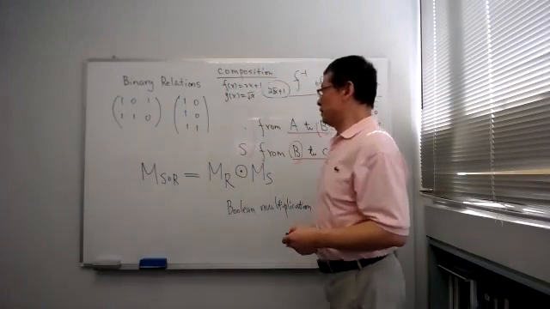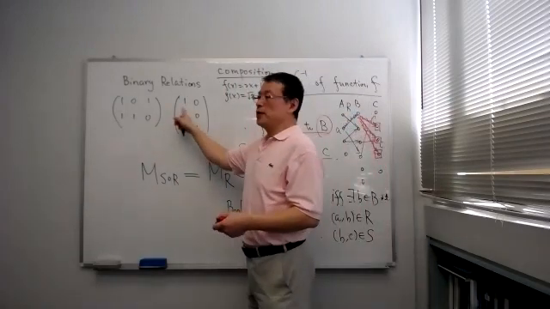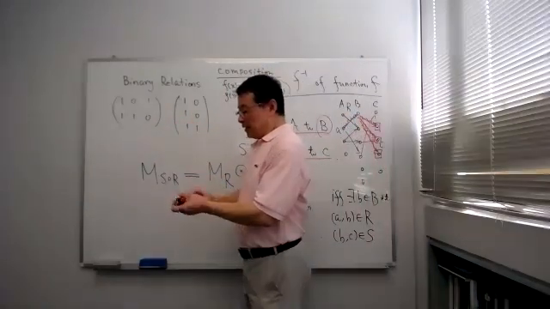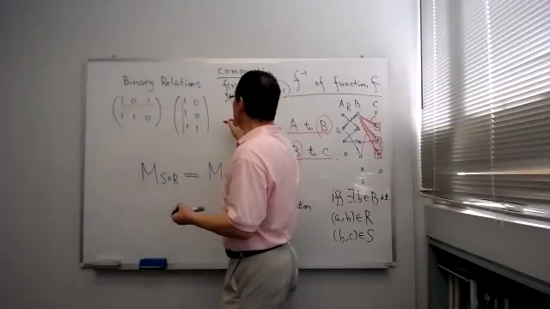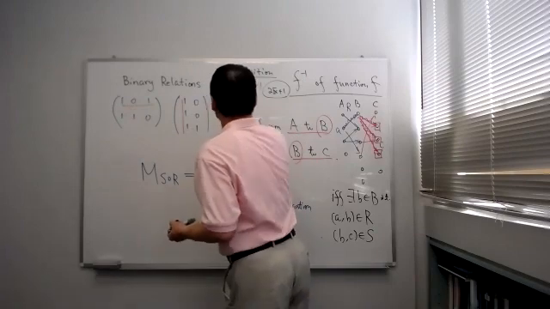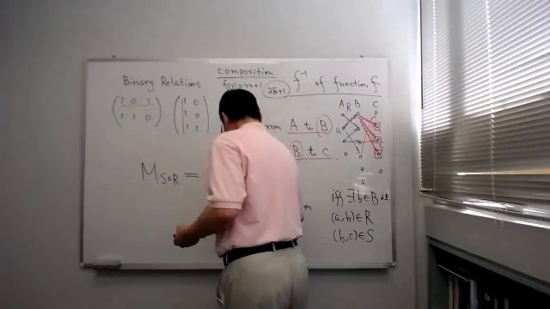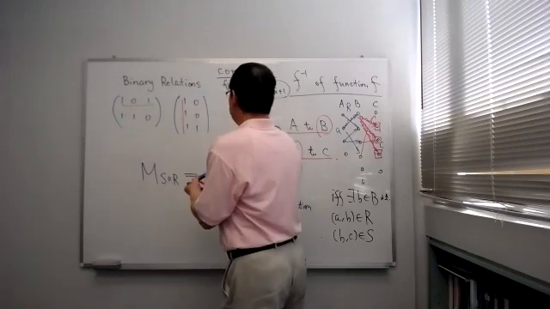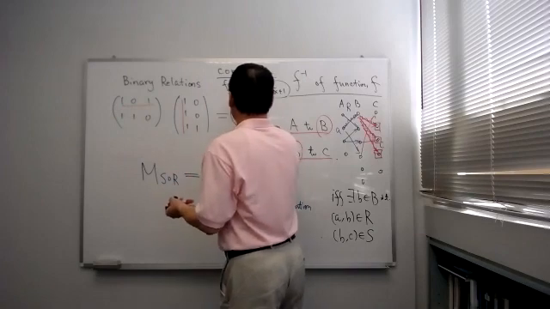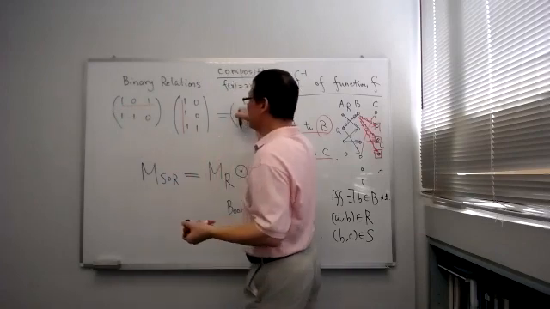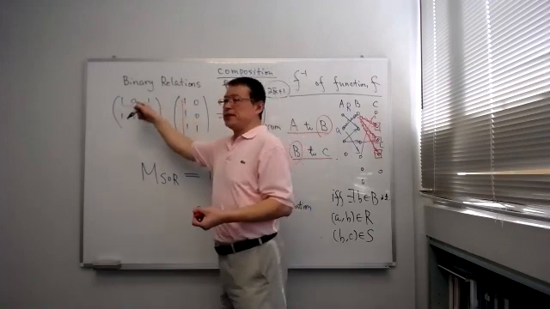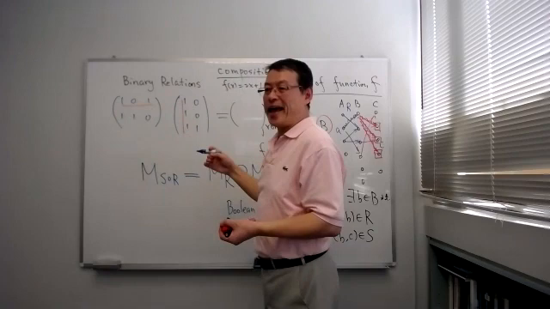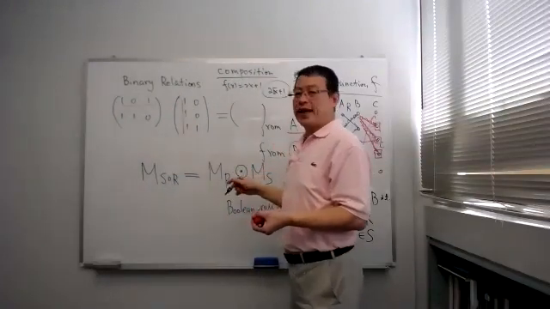For example, we have these two Boolean matrices. The Boolean multiplication will give us the value of the first element, M11. This value comes from this row and this column. If you look at them as bit streams, it's a bitwise AND.